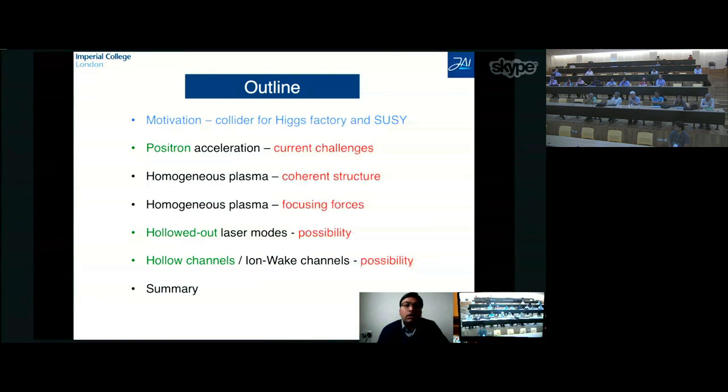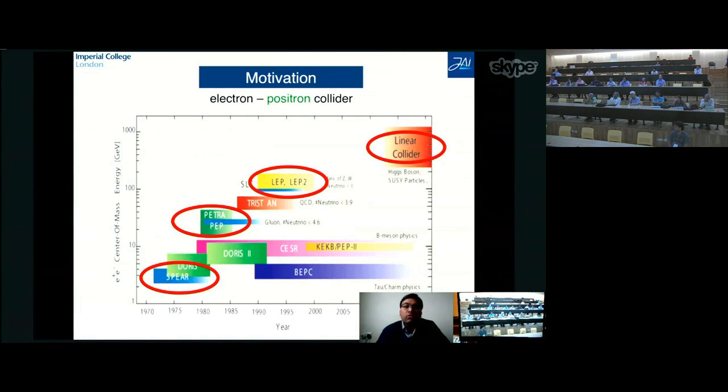So let's first look at the motivation for investigating positron acceleration using plasma-based techniques in particle acceleration. I think the one major motivation that is easy to identify is building electron-positron colliders for investigating particles such as the Higgs boson, and even addressing the SUSY particles, which are supposed to be even heavier.